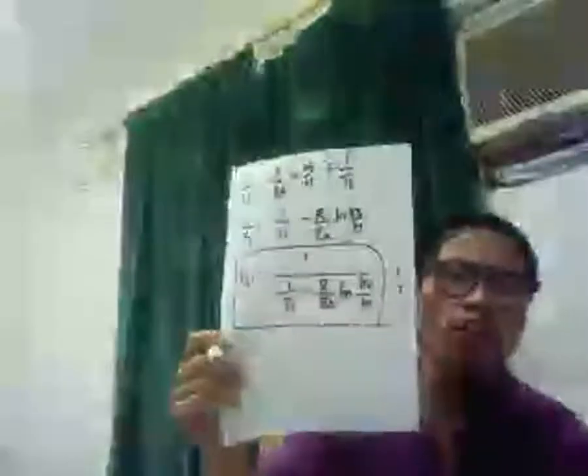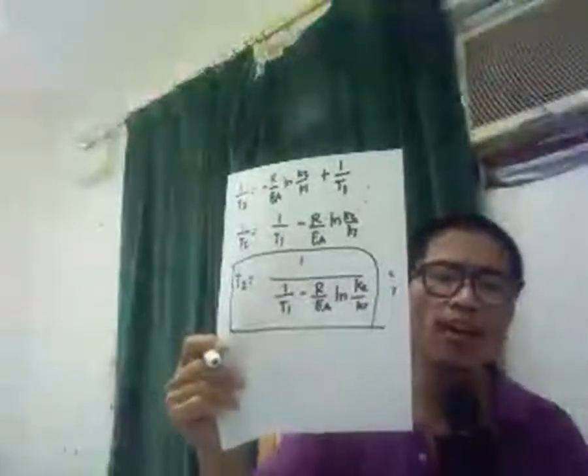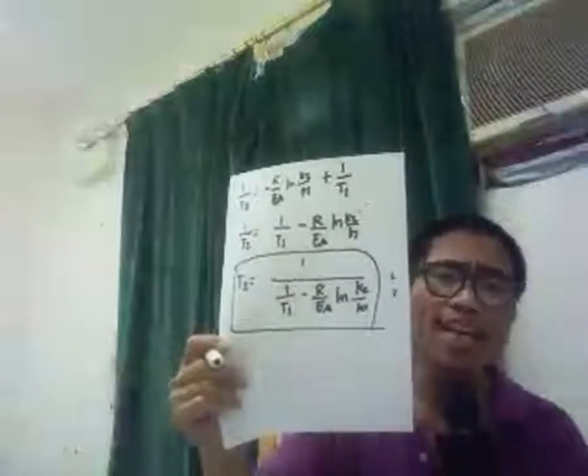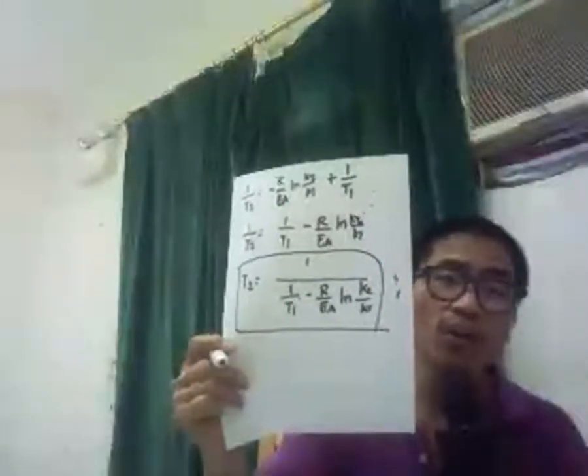So our T2 is 1 over T1 minus R over activation energy, natural logarithm of K2 over K1. And this is our computation for the final temperature.